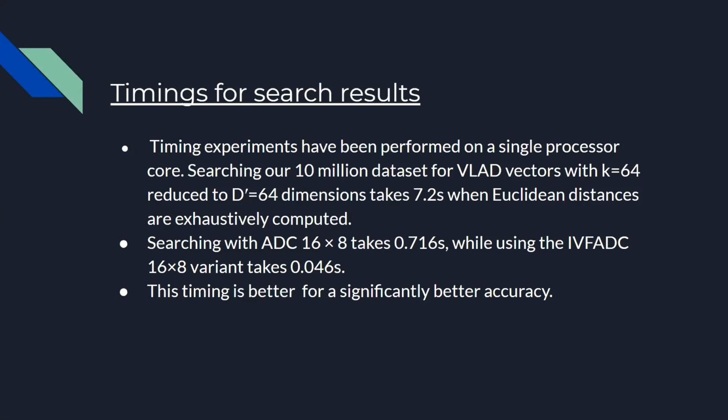Searching with ADC 16 cross 8 takes 0.716 seconds, while using the IVFADC 16 cross 8 variant takes 0.046 seconds. This timing comes with significantly better accuracy.